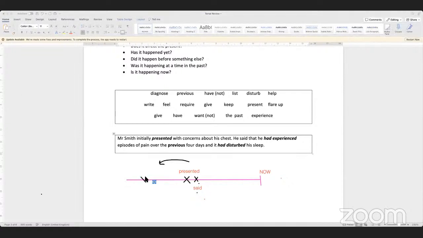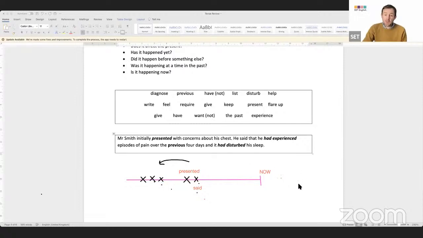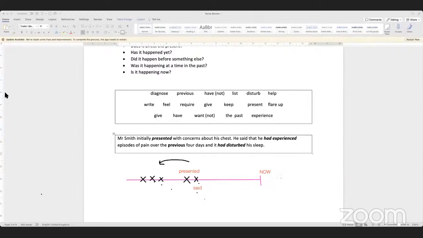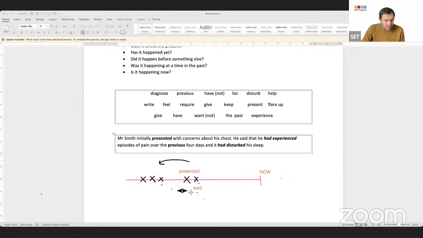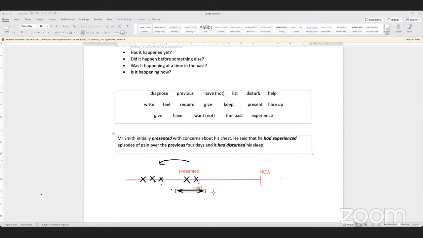It is okay, but can we use the past simple and the past continuous in the last sentence? And it was disturbing his sleep. I suppose you could, yeah, because what you could say is, at the time he presented, generally in his life, it was disturbing his sleep, wasn't it? That was the situation. So yeah, you could do that as well.